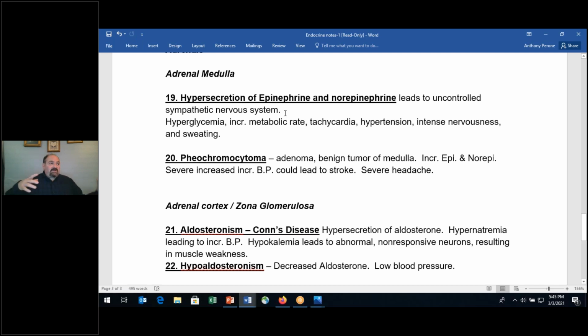Folks, you're only meant to be under sympathetic stimulation for short periods of time. Extended periods under sympathetic stimulation, along with the release of cortisol, the stress hormone, can have devastating effects on the body.